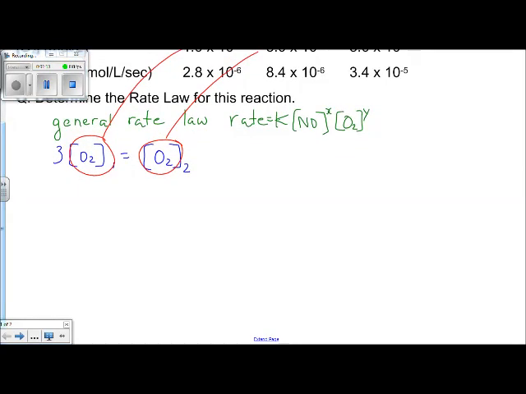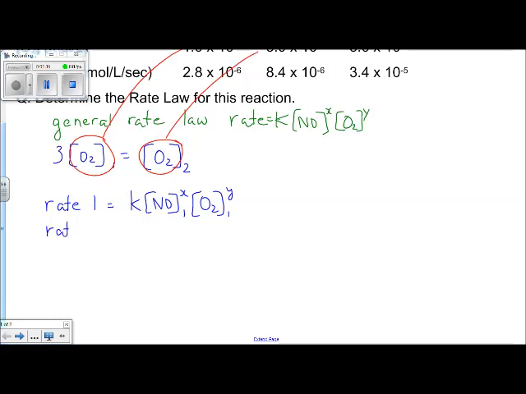So now we're going to look at the rate law for each of the two experiments, experiment 1 and experiment 2. So the rate law for experiment 1 would be equal to K times the NO concentration from experiment 1 raised to the power X times the concentration of O2 from experiment 1 raised to the power Y. We can write an analogous rate expression for the second experiment.